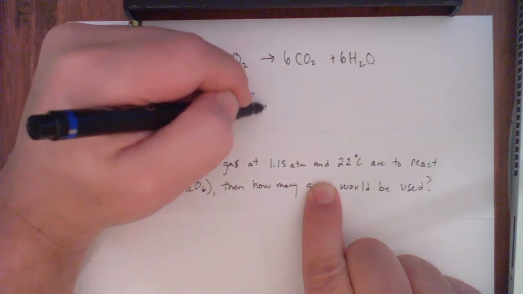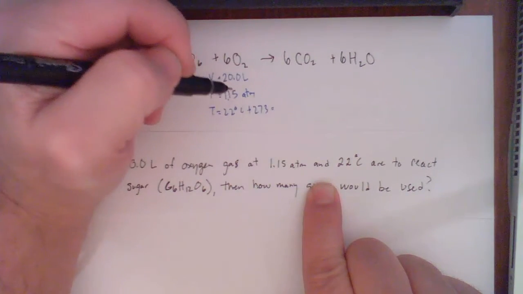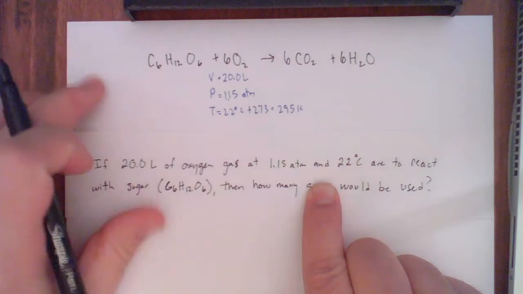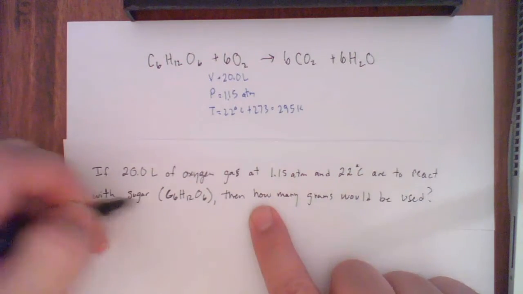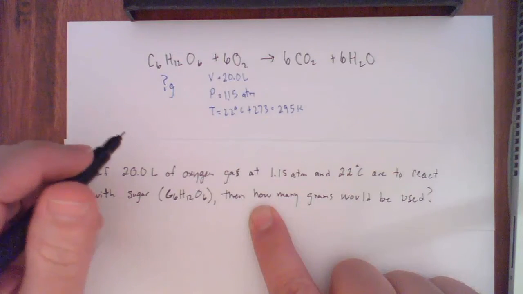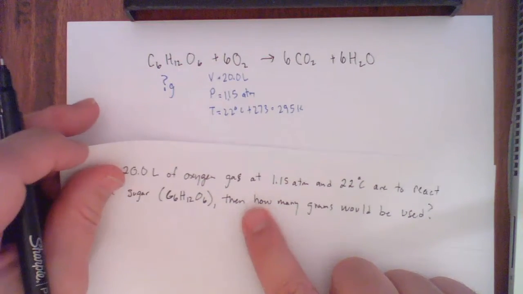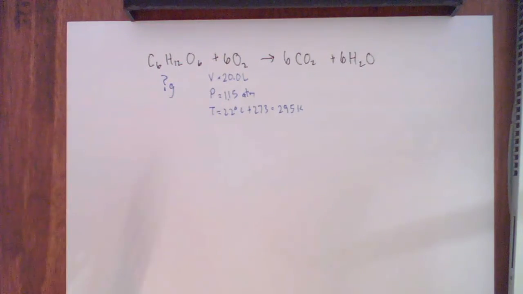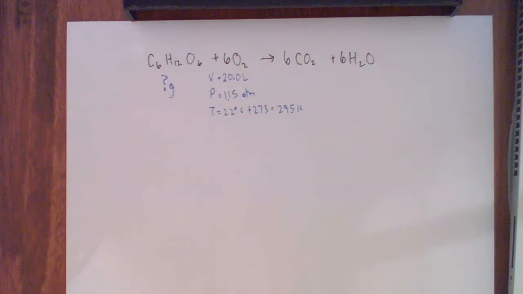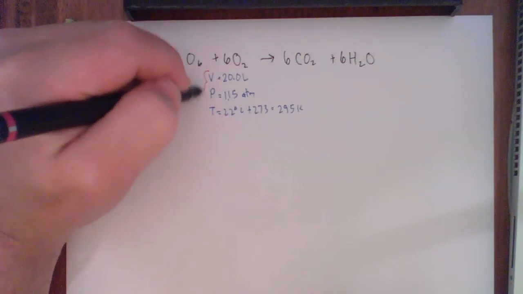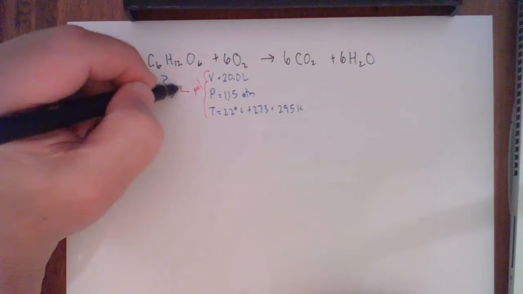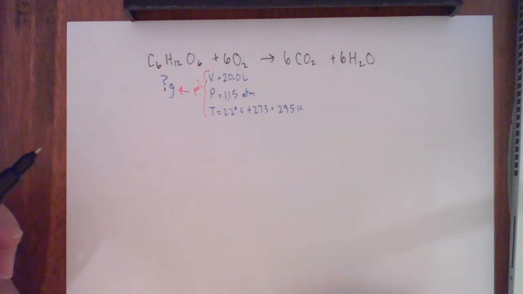So we'll add 273 to that, and that becomes 295 Kelvin. And now what they're looking for is how many grams of the sugar are we going to use. So again, it's kind of a reverse of what we just saw. I'm going to have to figure out from here how many moles do I have so I can do my stoichiometry to go into the other substance.